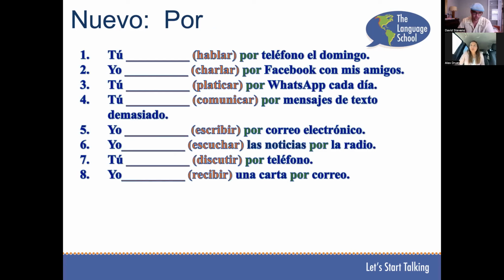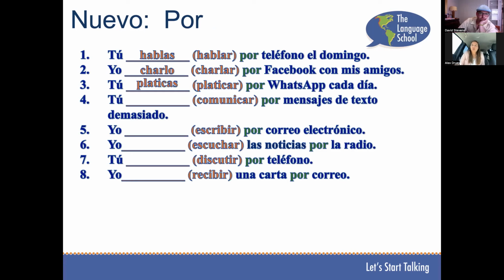Tú hablas por teléfono el domingo. Yo charlo por Facebook con mis amigos. Tú platicas por WhatsApp cada día.